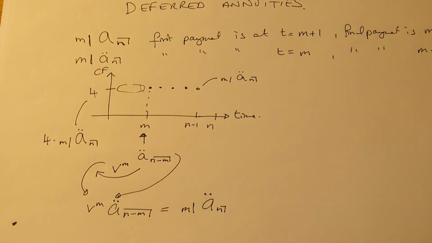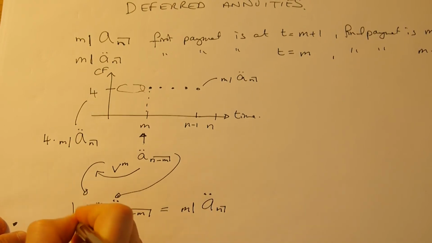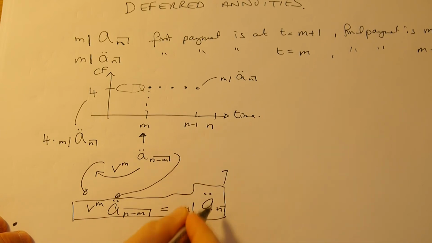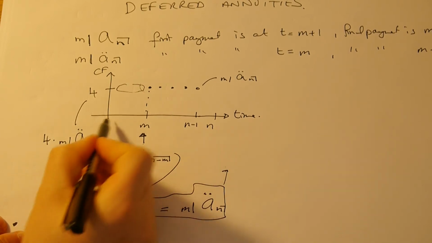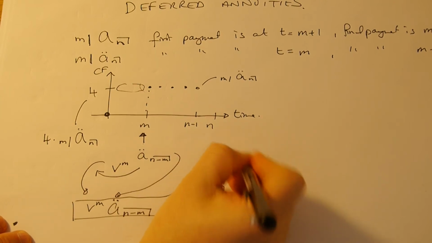So, what's useful for this as well? So first of all, we've got one of our standard formulas for it. But also this is now an NPV. We've calculated a present value at this point here now. So now we've got this as an NPV.